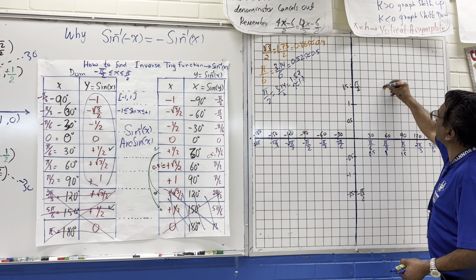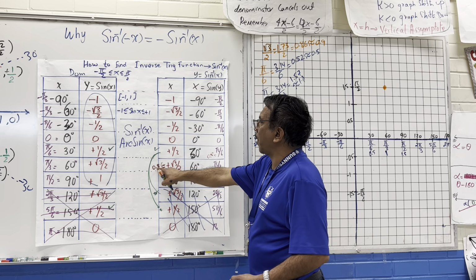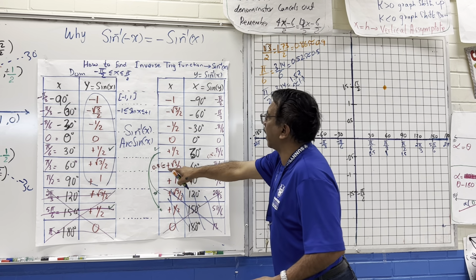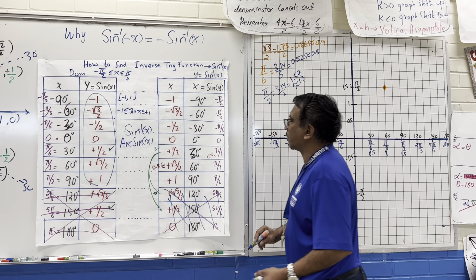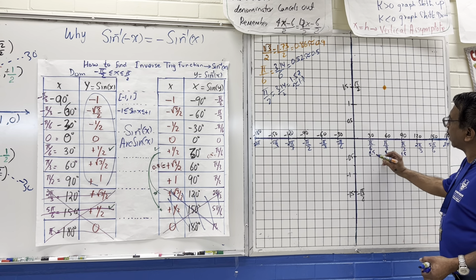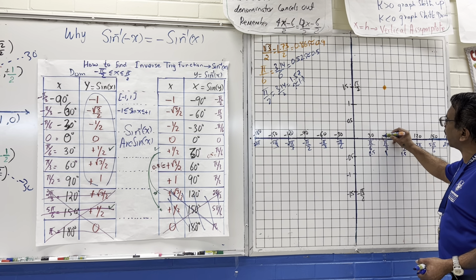Then 0.9 is almost 60 degrees, that is pi by 3. So where is 0.9? If this is 0.5, I can split this into 1, 2, 3, 4, 5, so 0.9 is somewhere here, between 0.8 and 1.